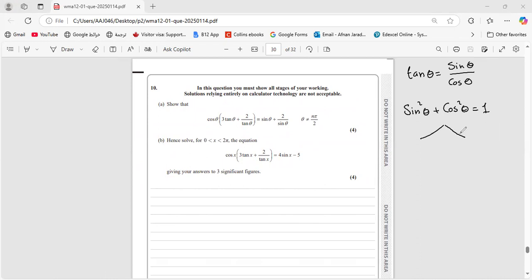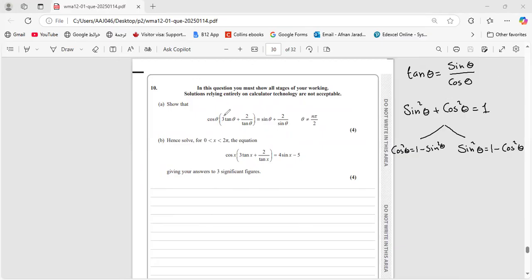And you can find two others from this identity: sine squared theta equals 1 minus cosine squared theta, and cosine squared theta equals 1 minus sine squared theta. That's about all the identities in Pure Mathematics 2.